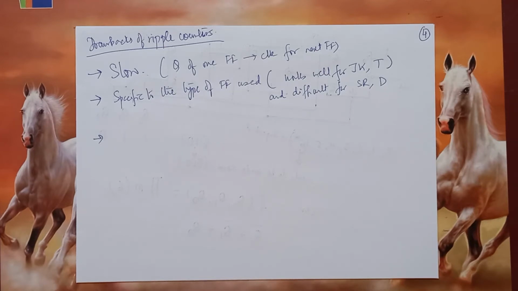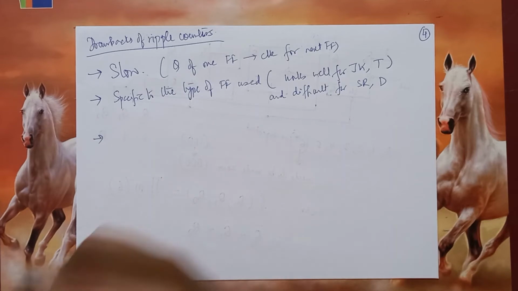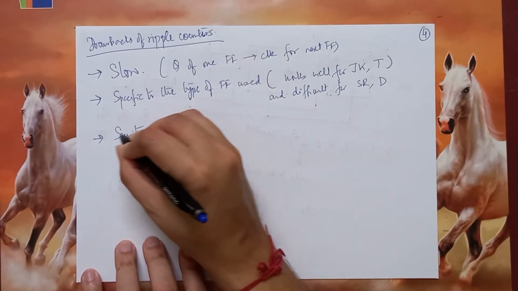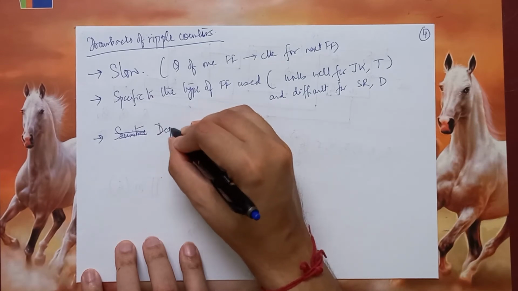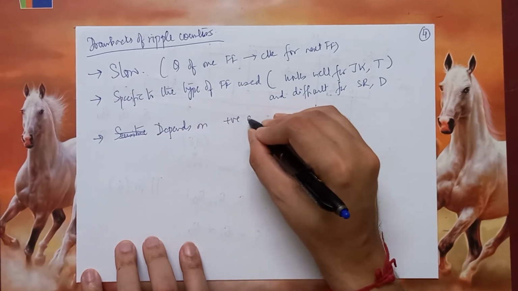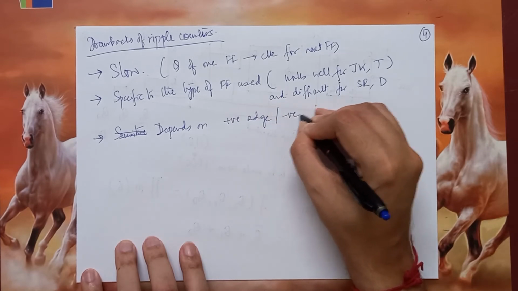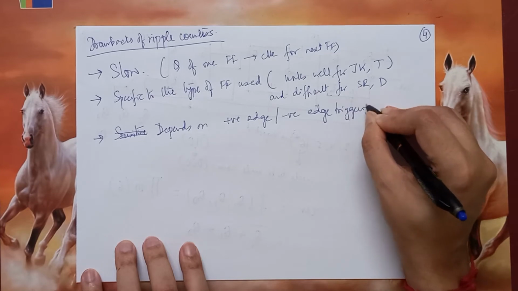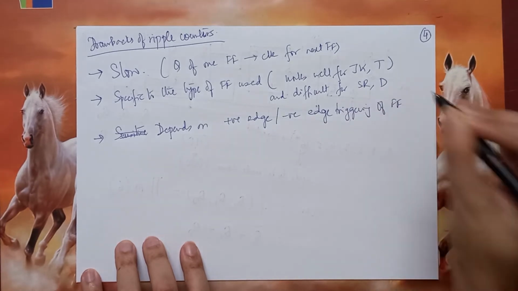You need to alter the circuits a little bit depending on whether the flip-flop is positive edge triggered or negative edge triggered. So I'll say it depends on positive edge triggering, negative edge triggering of the flip-flop.